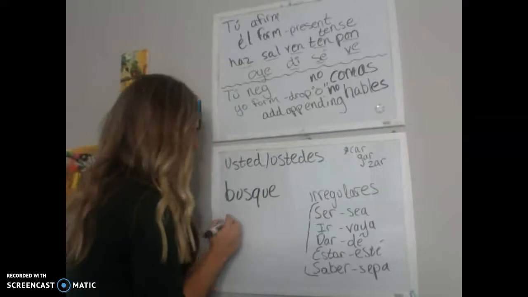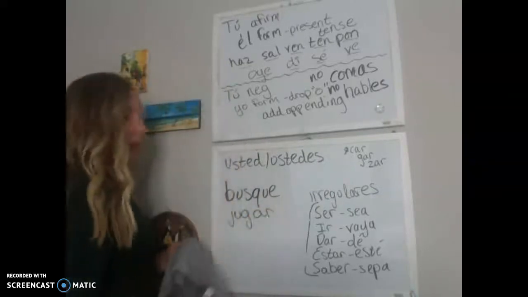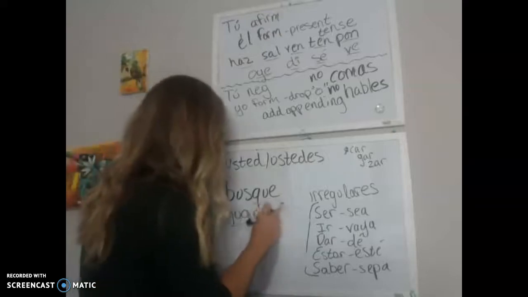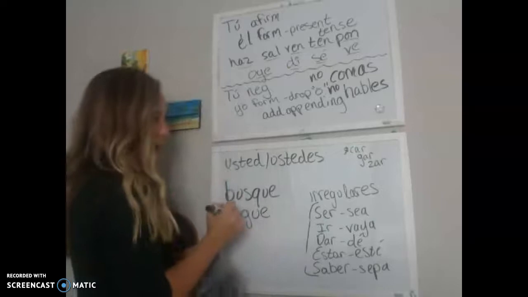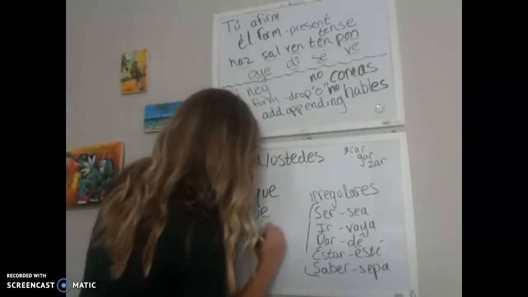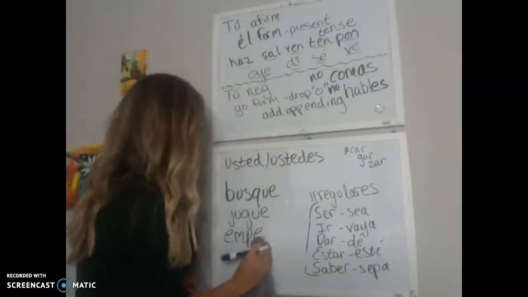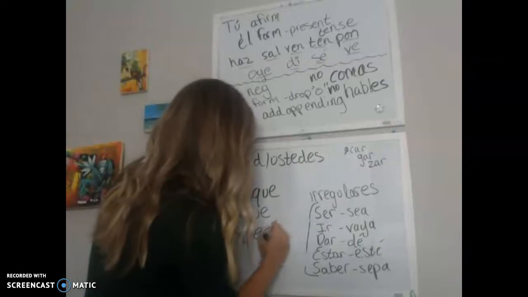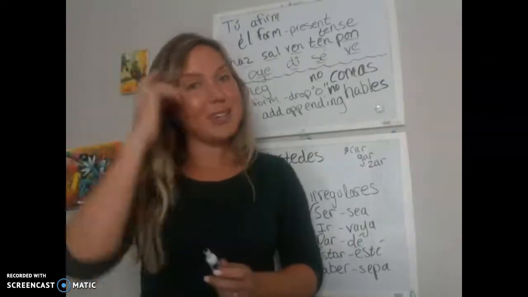Gar verbs like jugar. If I wanted to tell you to play the game, juegue. And then zar, like start the car, empezar, becomes empiece.